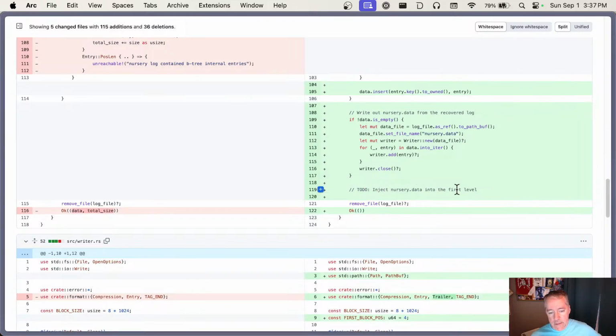So we need to figure out some of this, because not only do we need to be able to pass data files from one level into the next to be possibly merged, we also need to think about how that is structured.